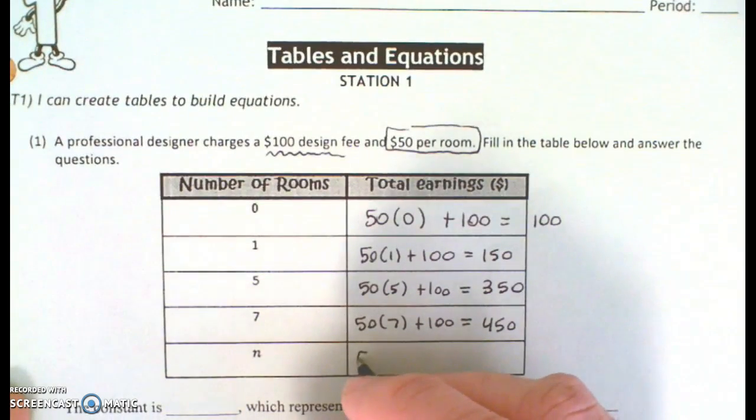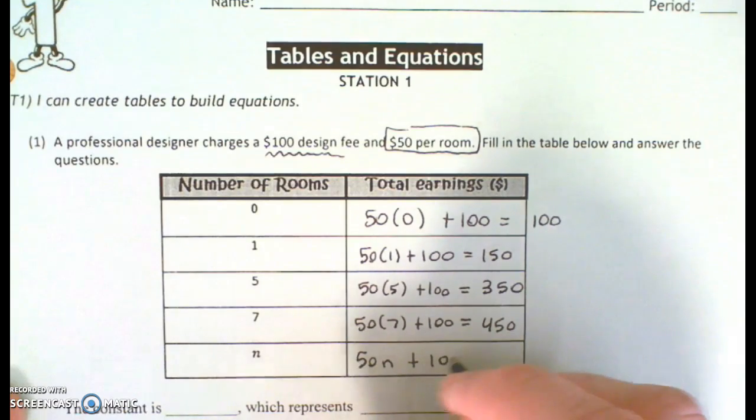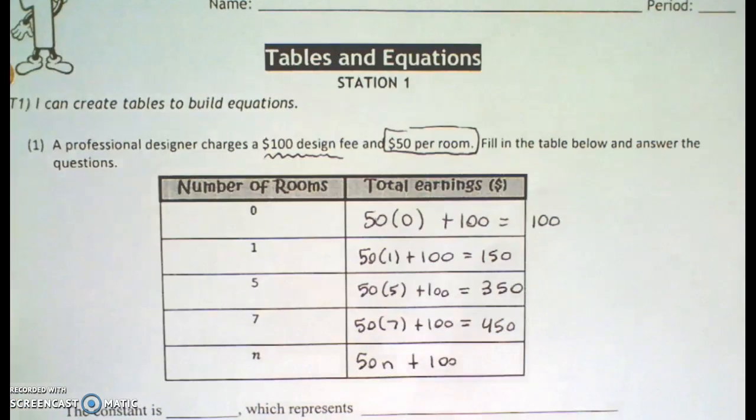And so my rule here is 50 times the number of rooms, so 50n, plus 100 for the fee. And that's going to tell me the earnings that the professional designer makes.